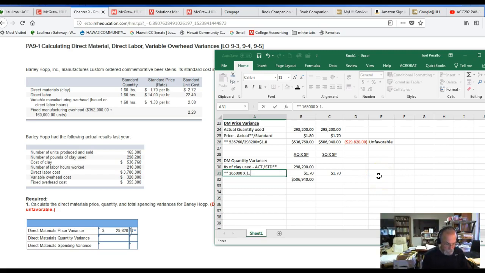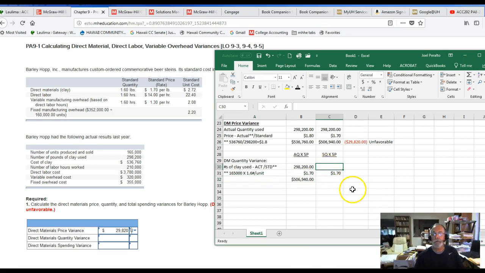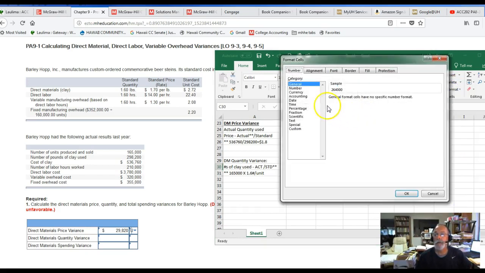Let's try that. Okay, so that's this number here, 165 times 1.6. 264,000. Okay, let's format that as a number.